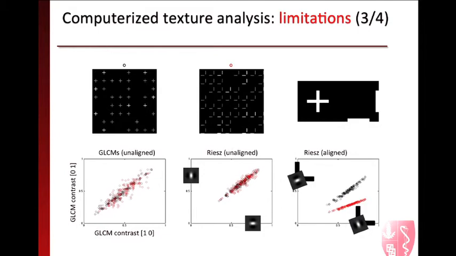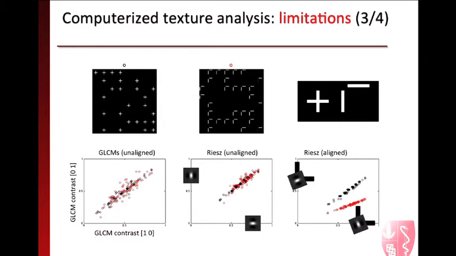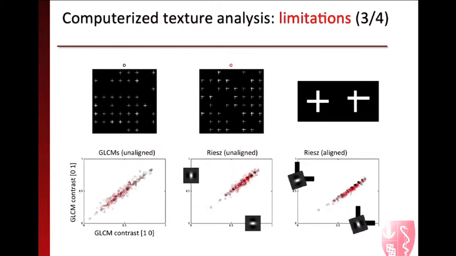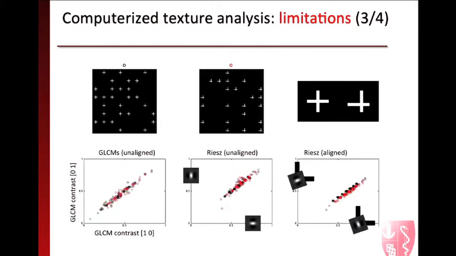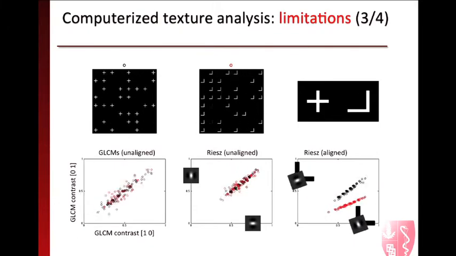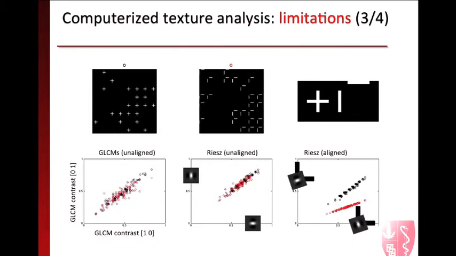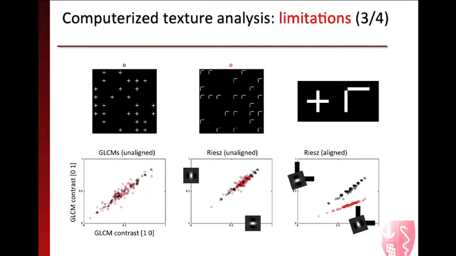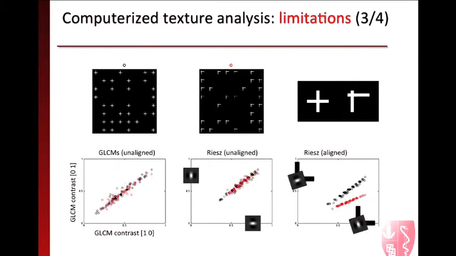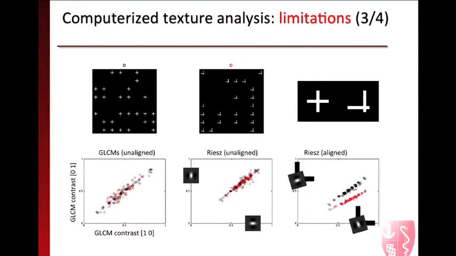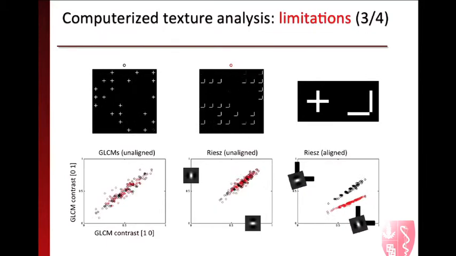And here we compare three approaches. The first one is using the gray level co-occurrence contrast along the X and Y axis. This is using the operators we were describing before, but without aligning them. And we can see that when we align locally the detectors on the structures, then we're really able to discriminate between these two patterns here.